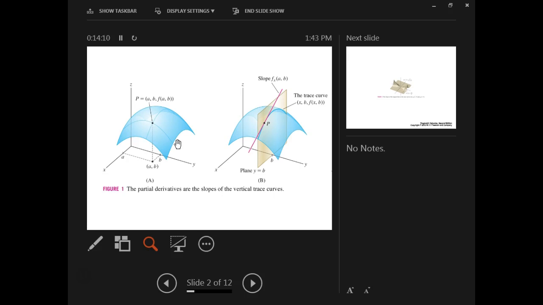That trace, at y equal to b, the slope of this curve on that plane, that's going to be f sub x. The slope of that is f sub x at point P, at A, B.